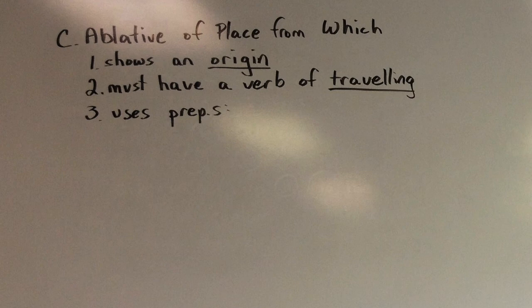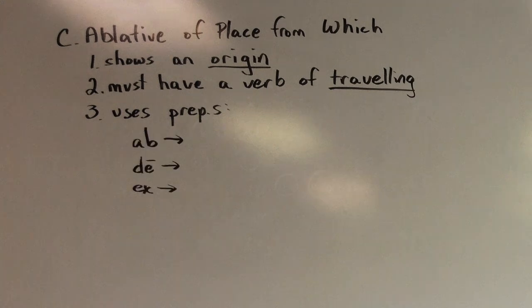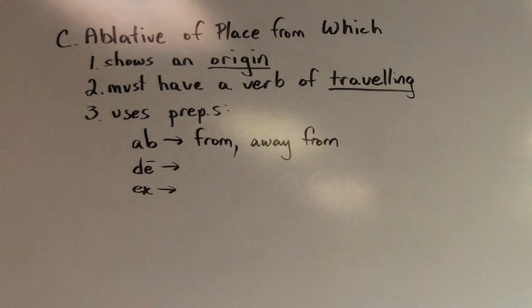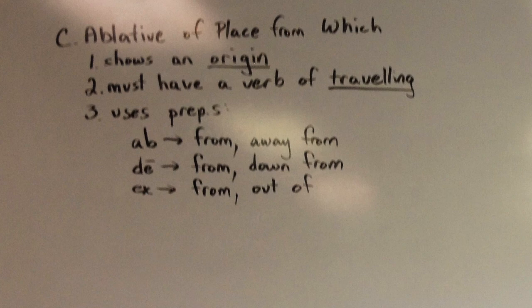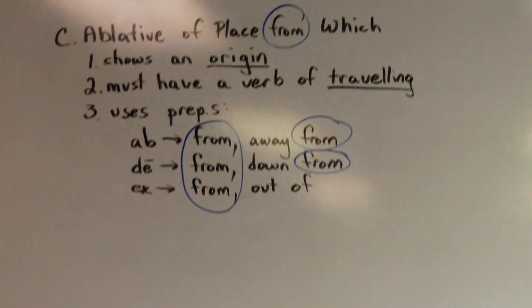This construction will use the prepositions ab, de, and ex. Ab will translate into English as from or away from. De will translate as from or down from. And ex will translate as from or out of. Notice how all three of these prepositions have the English preposition from somewhere in their translation.